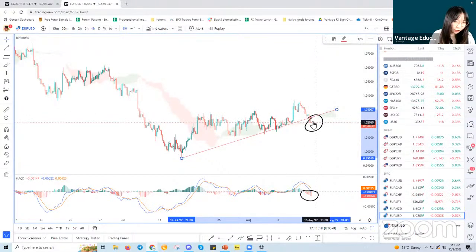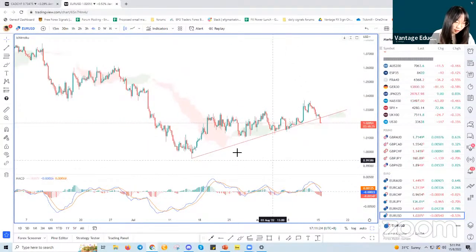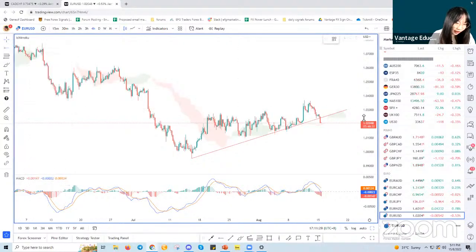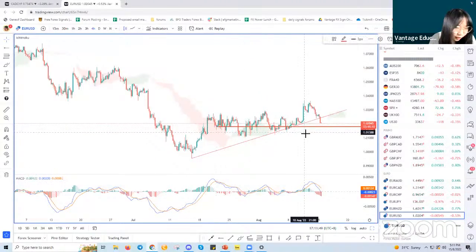Now we have already identified the trend line. The next step is to find some support and resistance lines.